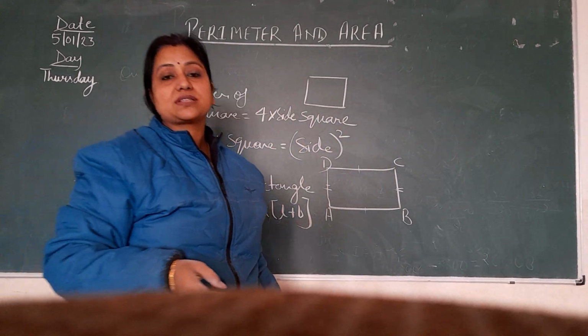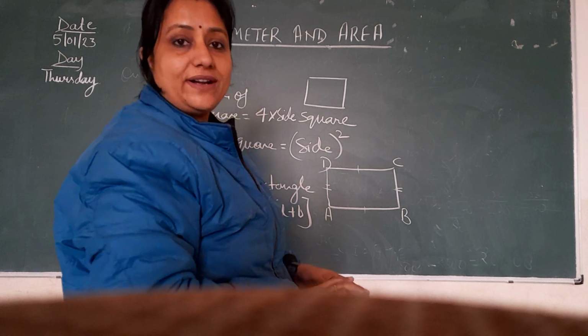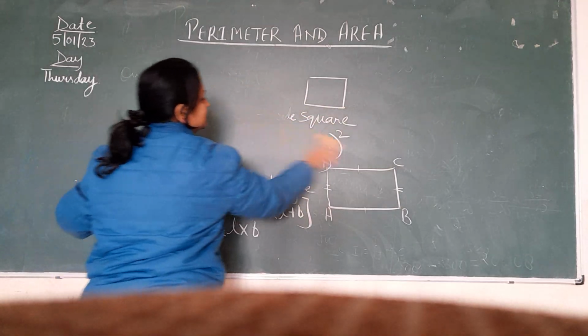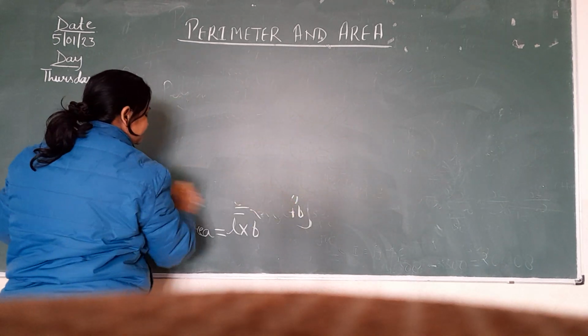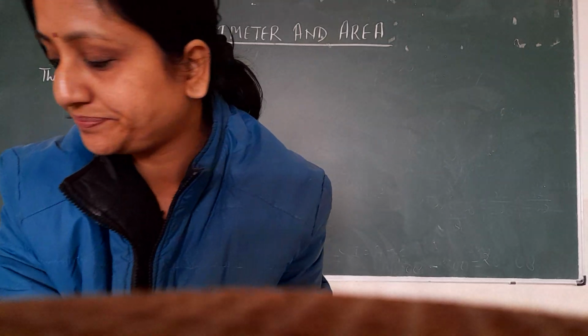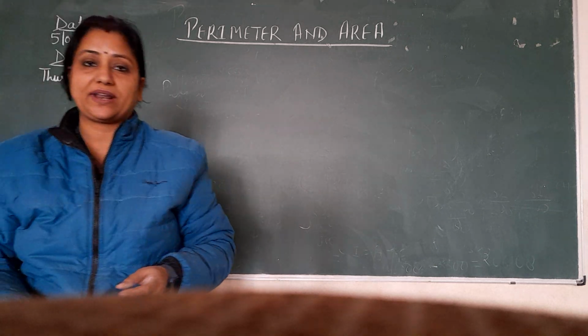Now I am going to discuss question number 15 of this exercise 13.1. All of you note down this question in your fair notebook. The question is, the floor of the room is in the shape of a square.